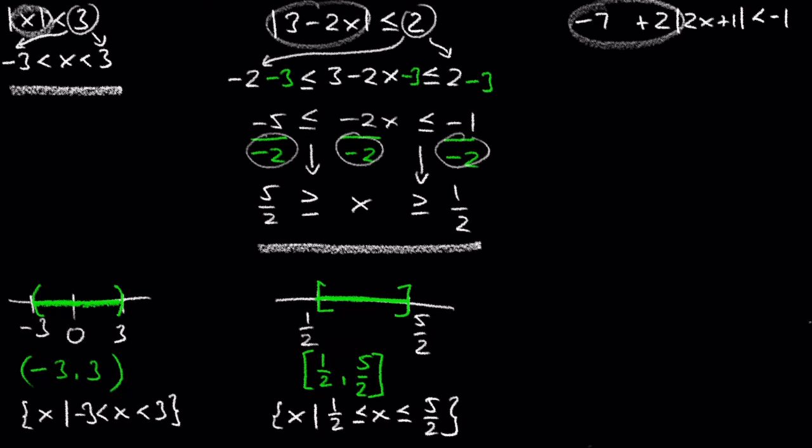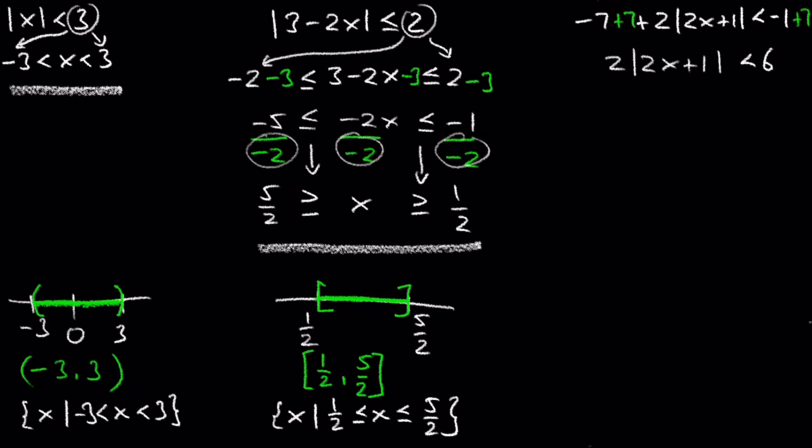So let's add 7 on both sides. And we get 2 times the absolute value of 2x plus 1 is less than 6. Dividing on 2 on both sides leads us to the absolute value of 2x plus 1 is less than 3.